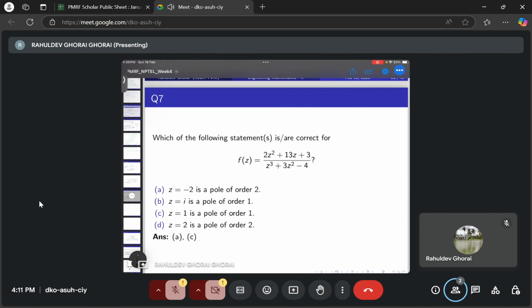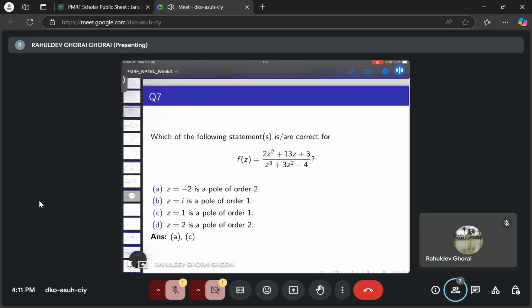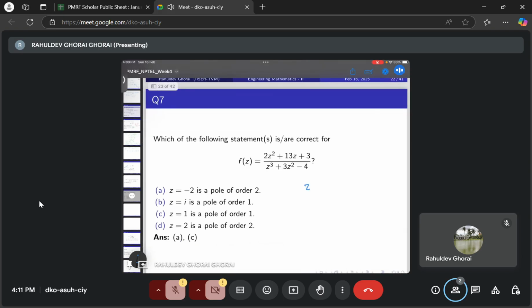So now we come to the seventh question. Whether these are poles of order 2 or 1, you need to find out. So first of all, try to factorize this one, because from here only you will know what the singularities are. You can see easily z equal to 1 will satisfy this.